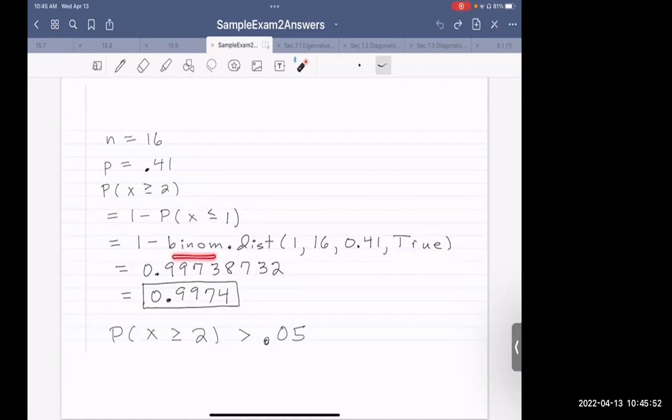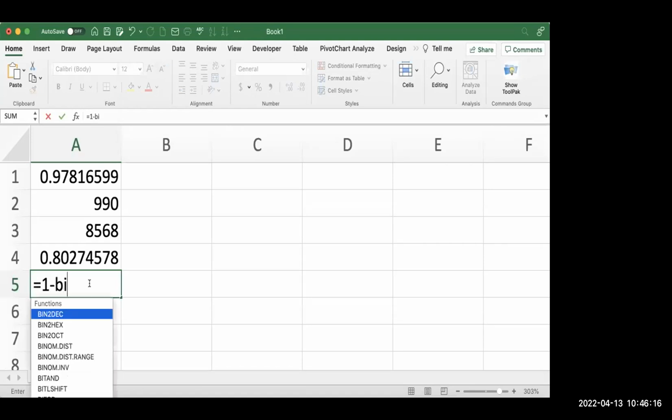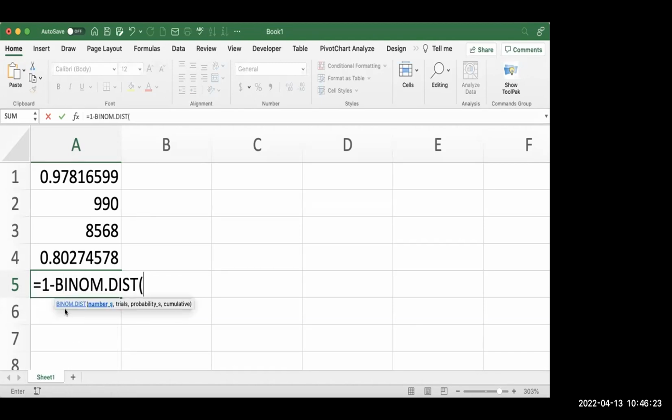And so 1 minus binom.dist. I want to get rid of everything less than or equal to 1. So 1, 16, 0.41, true. Okay, so let's type this into Excel. And so 1 minus binom.dist.